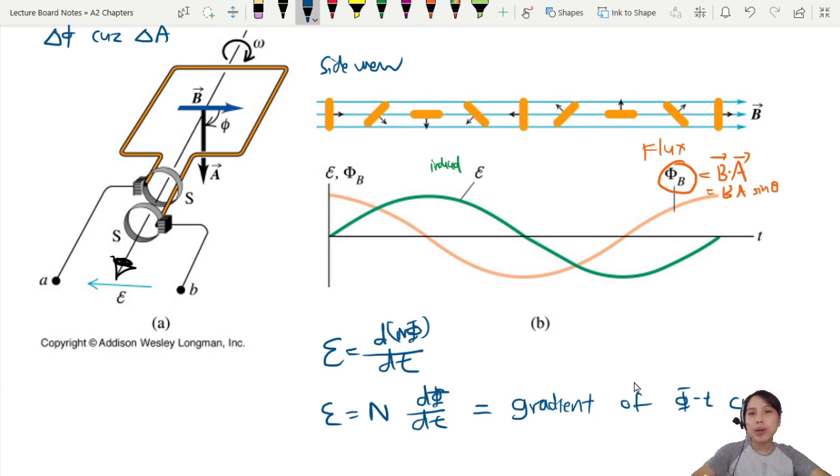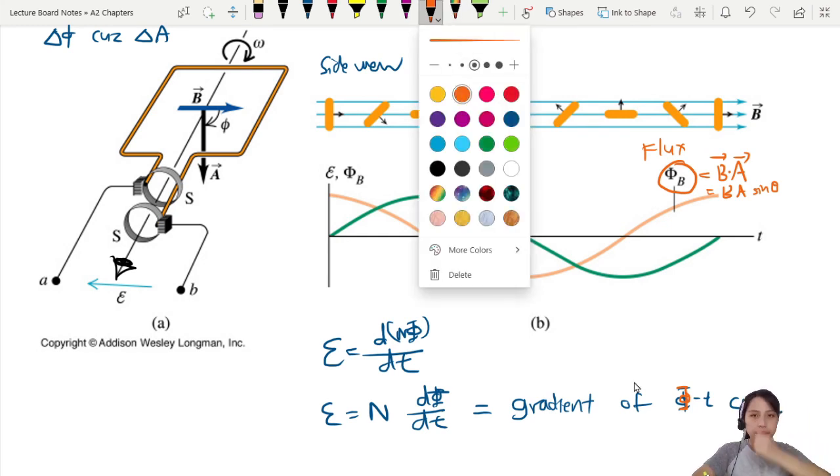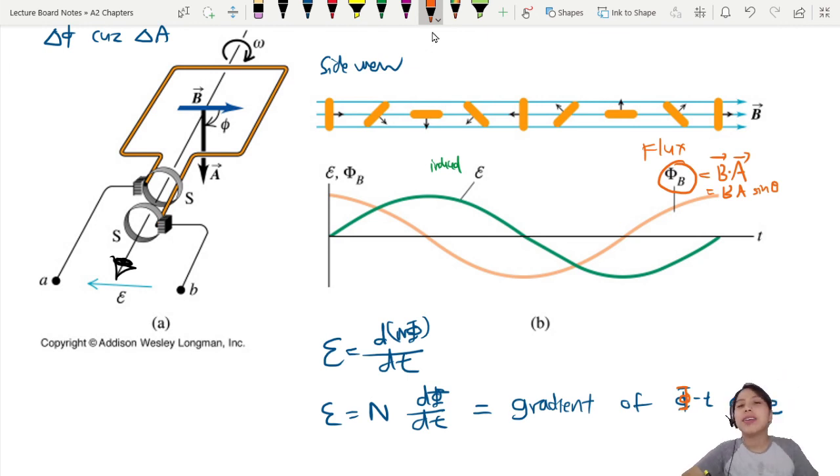So question for you, look at the orange curve. Where is the gradient the steepest, the largest change? Stare at it a bit. If you know how to differentiate, you'll see this part is not very steep at all. So here is the largest gradient, also known as the steepest or largest change.